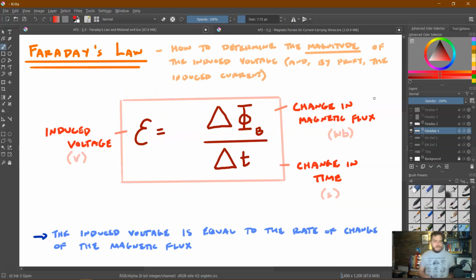Named for Michael Faraday, the British scientist who discovered the phenomenon underlying electromagnetic induction, Faraday's law tells us how to determine the magnitude of that induced voltage, and by proxy allows us to determine the magnitude of the induced current. Ultimately, the induced voltage in this conductor is equal to the rate of change of the magnetic flux.